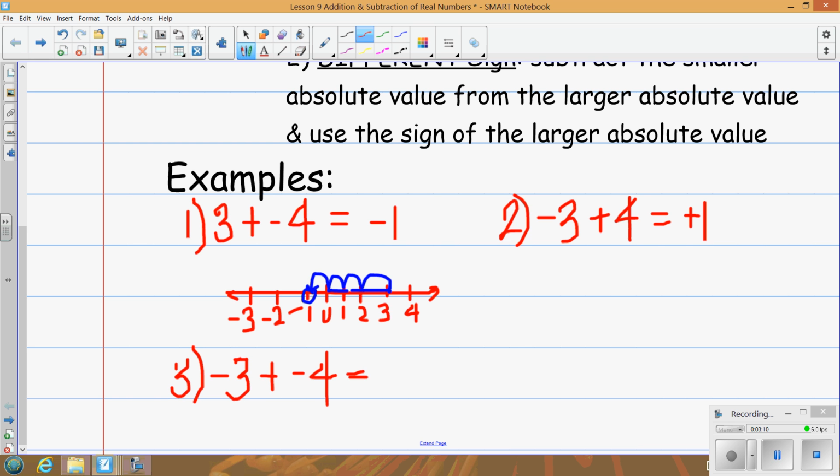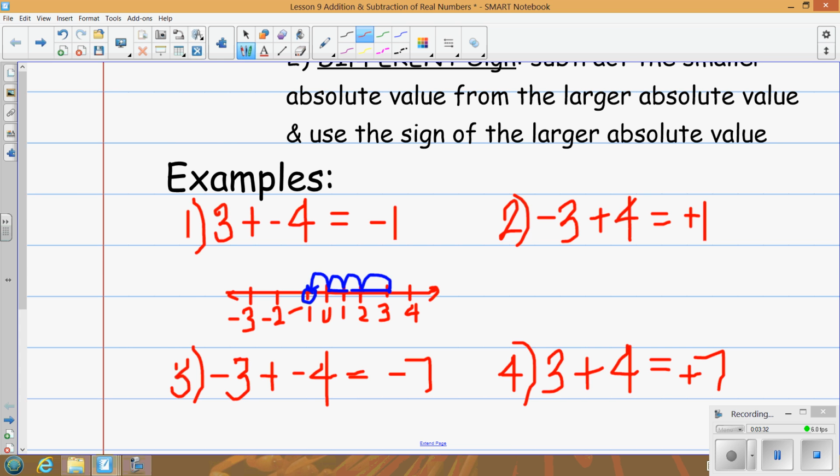Now it's the same sign, so we just add the two numbers, so we get 7. Keep the sign, which is negative 7. And then, of course, the other combination would be positive 3 plus positive 4. Same sign, add them, keep the sign, so it's positive 7. So those are your different combinations for addition.